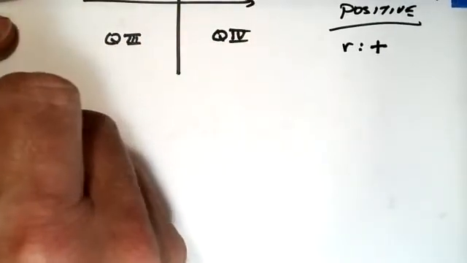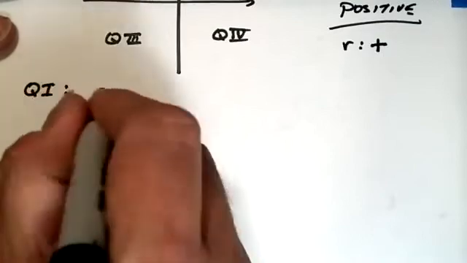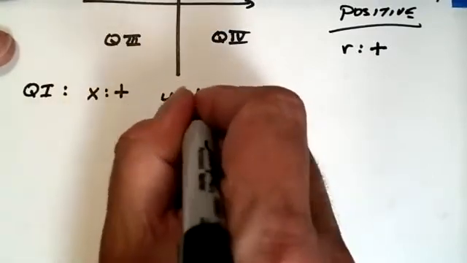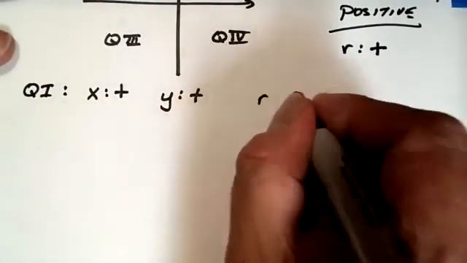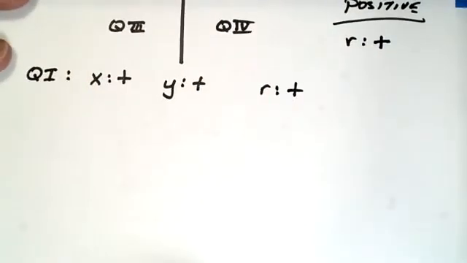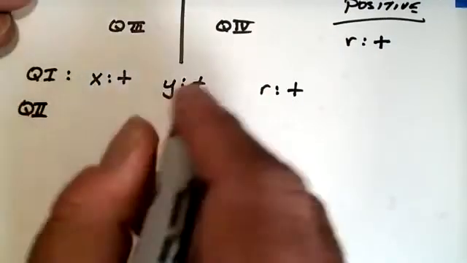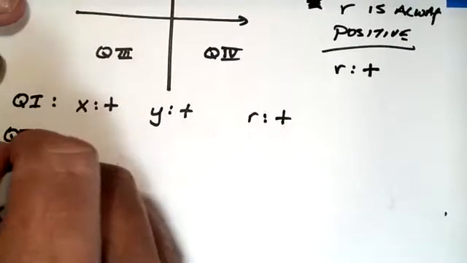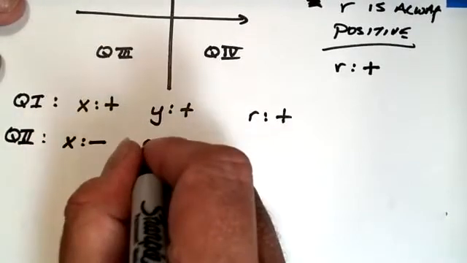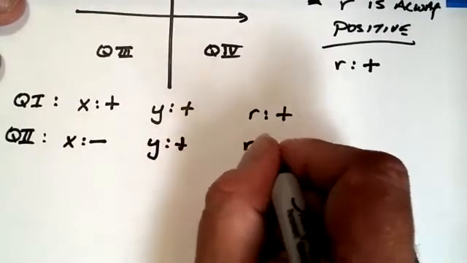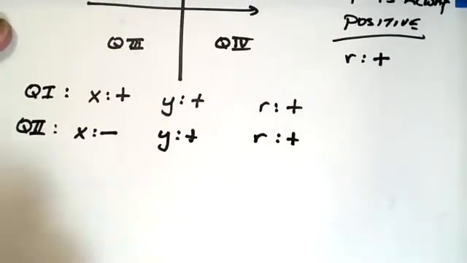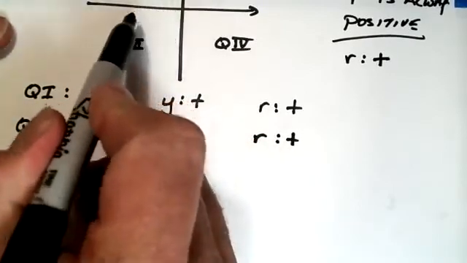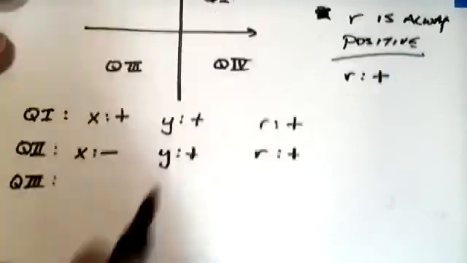For Q1, note that x is always positive and y is always positive. And of course, r is always positive. In Q2, note that x is negative, but y is positive and r is always positive. In Q3, things flip so that x is negative, and y is negative.